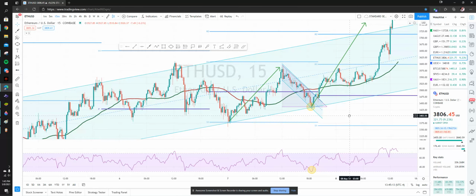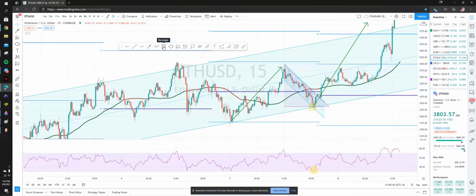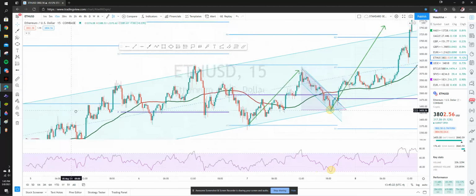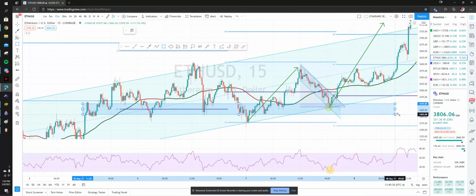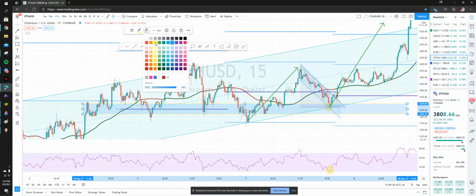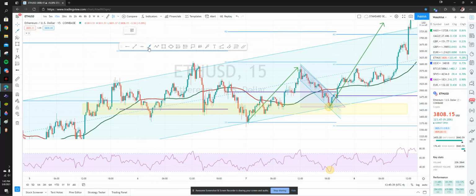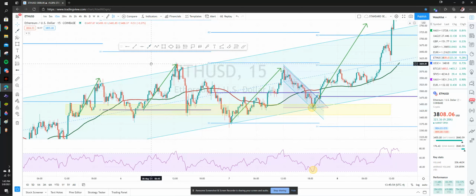All right, so let's pull out our rectangle. You see right here, let's go ahead and mark up this area. All right, so this is what you call a zone. And I noticed that when price got in this zone, it had some nice pushes up, right?